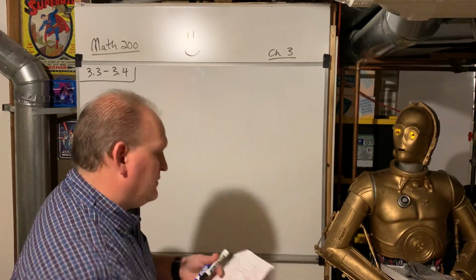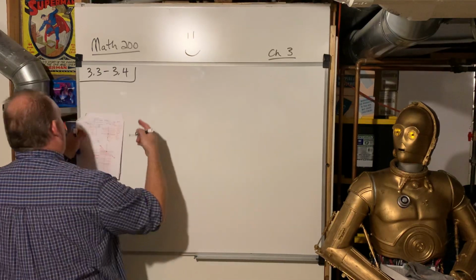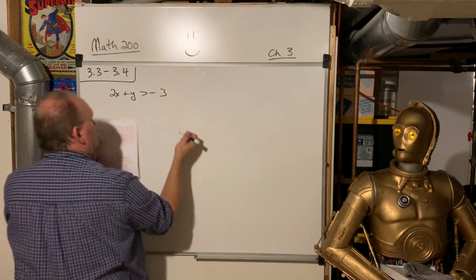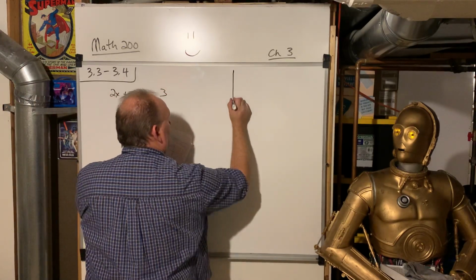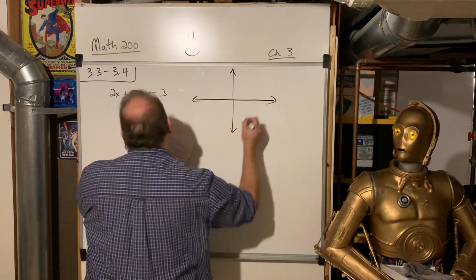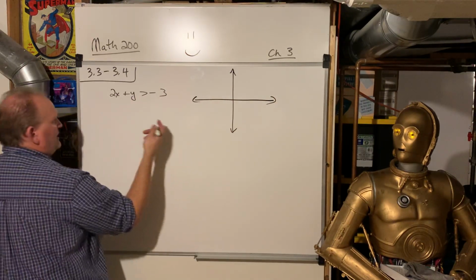There is no interval notation for this. The only way that you can actually see this solution is through a graph, through a two-dimensional graph. So let's solve it like how we would solve anything for y.